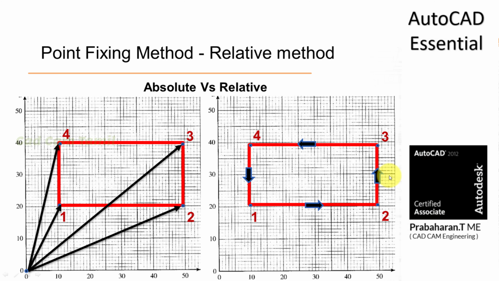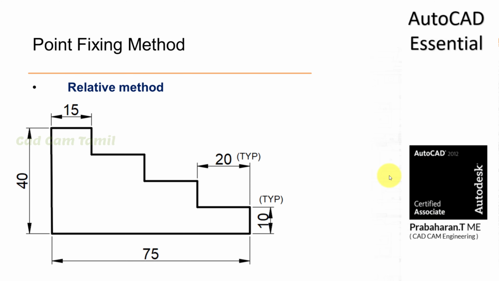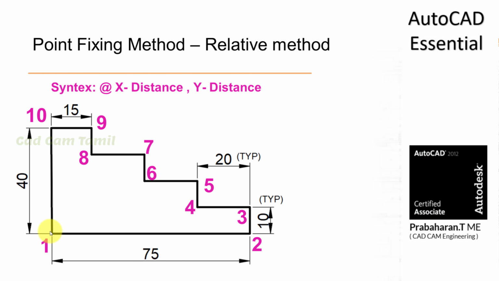Okay, right. Using this idea, I'm going to give you some exercise now. Using this relative method, we're going to draw a similar exercise. It has nearly 10 points. Imagine we have only the absolute method, meaning the 10 points need to be calculated from the origin. But now we have the relative method, only x and y distances are needed.